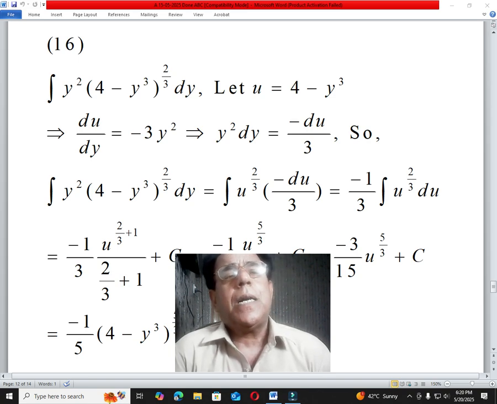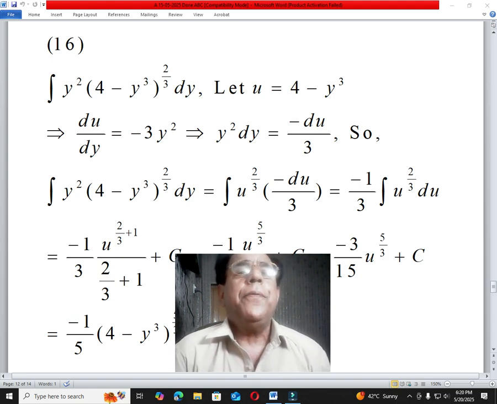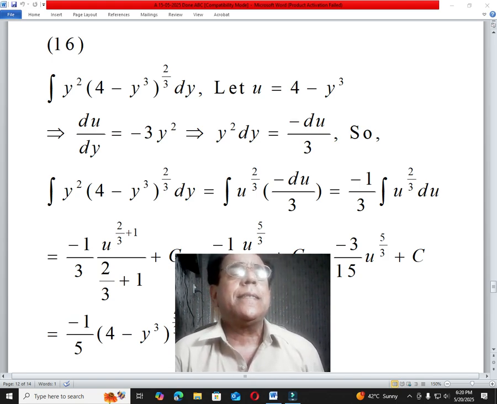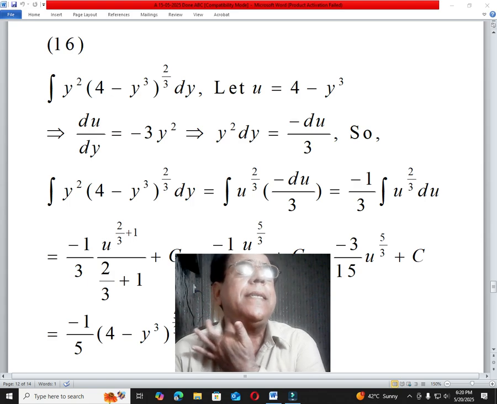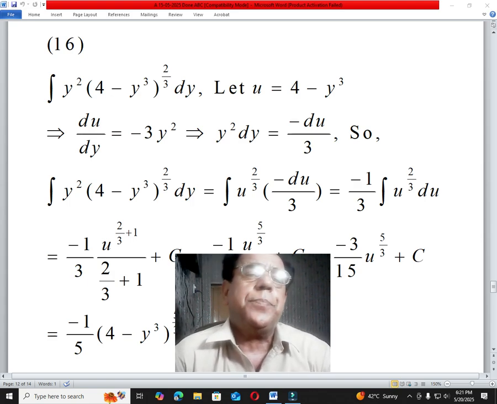This implies that y square into dy will be equal to minus du by 3, because in the statement y square and dy exist, so we will replace these two multiplying factors by minus du by 3.